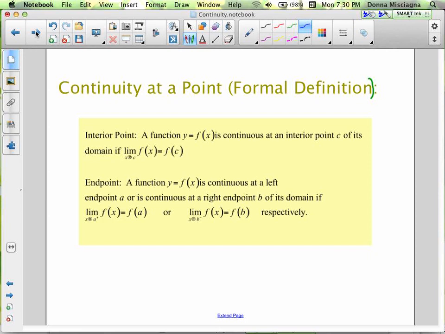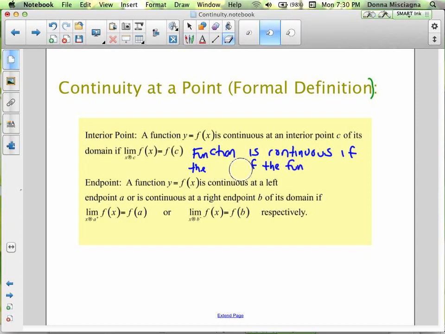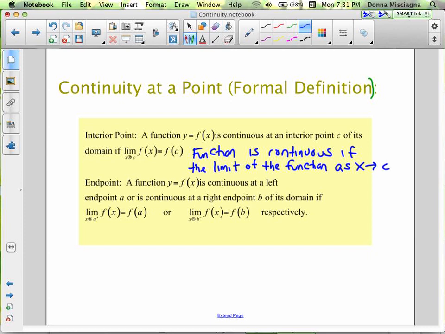That's telling us that a function is continuous if the limit of the function as x approaches C equals the value of the function at C.